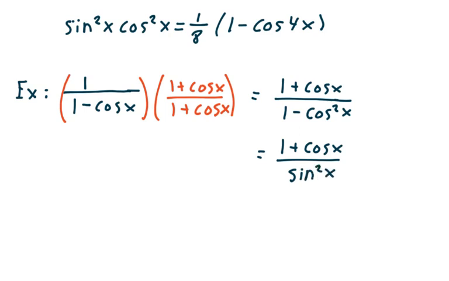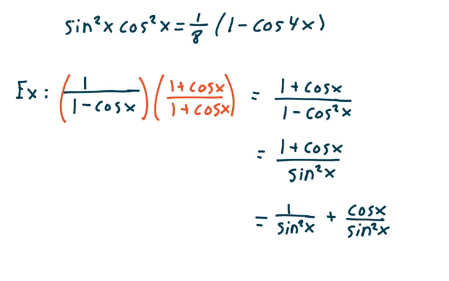And also, a good thing to be able to do is to split off this fraction. And so we get 1 over sine squared x plus cosine x divided by sine squared x. And so again, I'm just rewriting 1 over 1 minus cosine x in a different way.